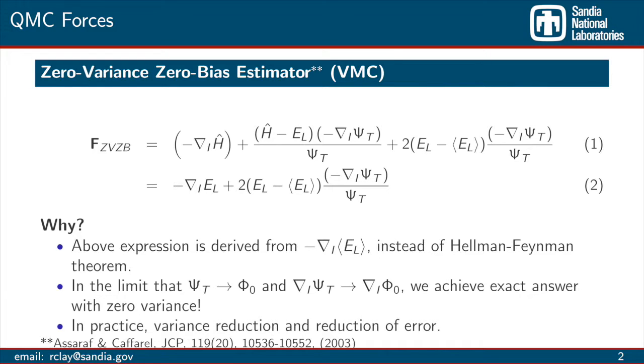And this term is a zero-bias term. You can also convince yourself that this term also goes to 0 as you approach the exact wave function. So in practice, we're not going to have the exact wave function, but it's still desirable because it still represents a variance reduction. And the lower the variance, the less computational time we have to spend in order to get a useful force estimate.